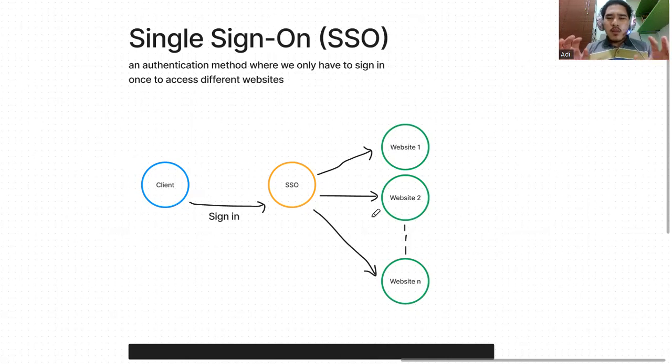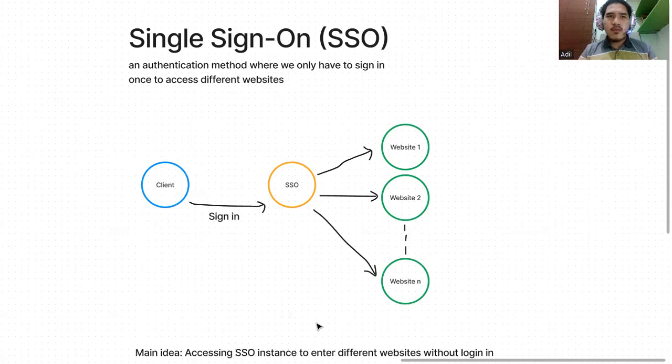I explain this simplification simply because I want you to understand the main idea of SSO, which is by accessing an SSO instance we could enter different websites without logging in.